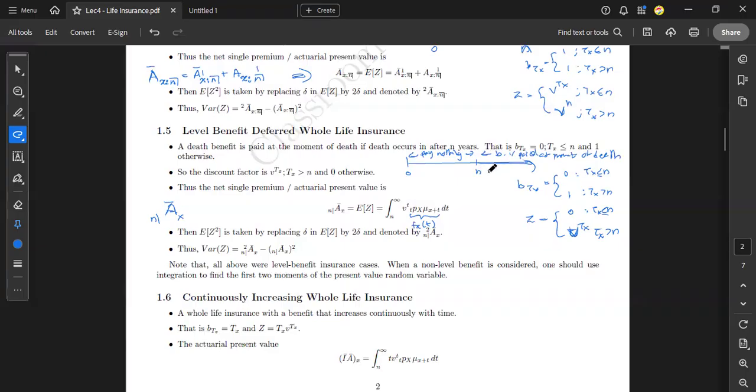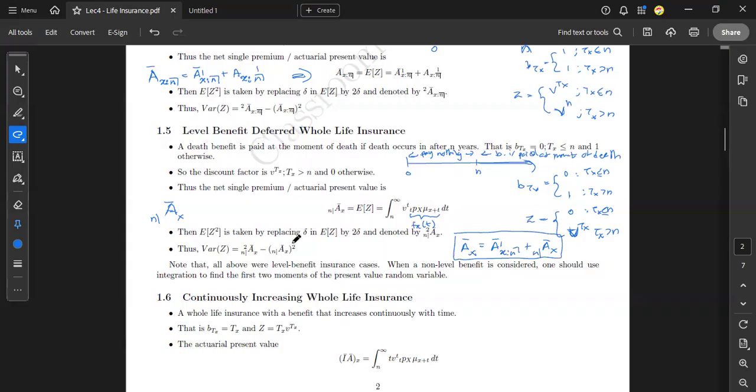That means if you join the term life from 0 to n and a deferred whole life from n to infinity, you get a whole life. So without the integration, you can still say that the whole life net single premium is the same as the term life net single premium plus the deferred whole life net single premium. So this is another useful combination of net single premiums.